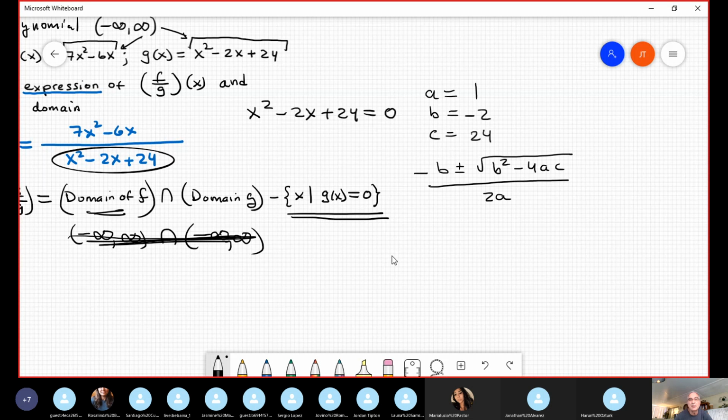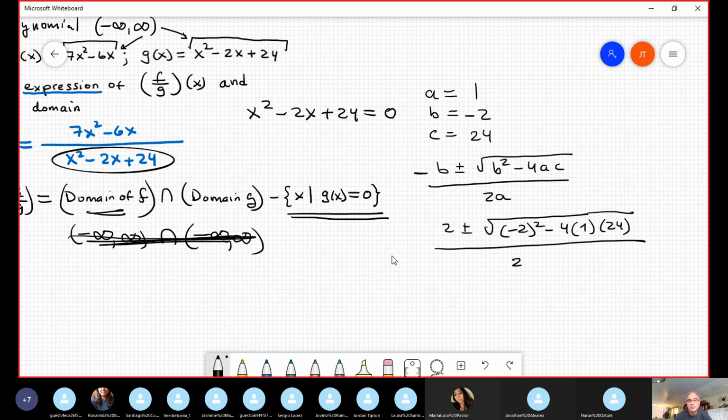And plugging in. Double minus of the formula, minus of the value. B here is 2, plus or minus the square root of -2 squared minus 4 times 1 times 24, divided by 2 times 1.